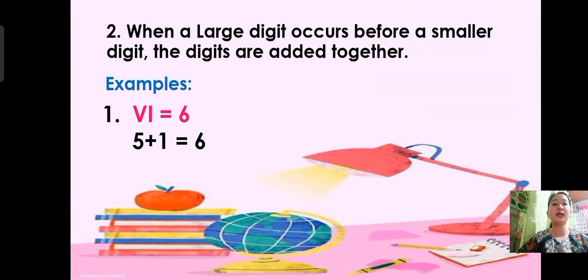As you notice in our given example, the value of Roman numeral V is larger than the value of the Roman numeral I, and it occurs before the smaller one. So, what you are going to do is you add its value to get 6.